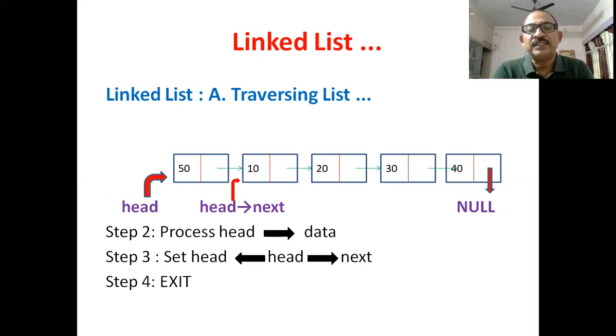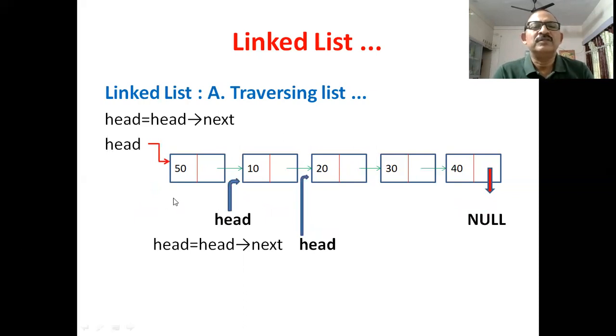And the next step is head is equal to head next. This way we go to the next node in a linked list. And we repeat this process until head becomes null. So the next step, step 4, is exit. Is it clear? So this way we can visit each node in a linked list.